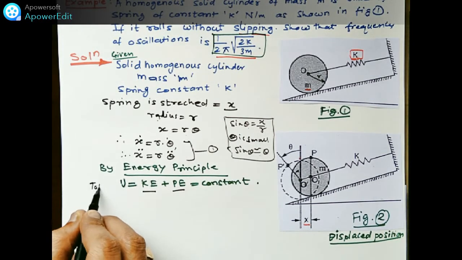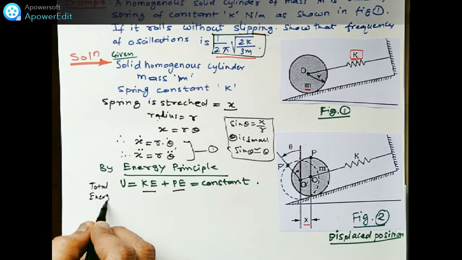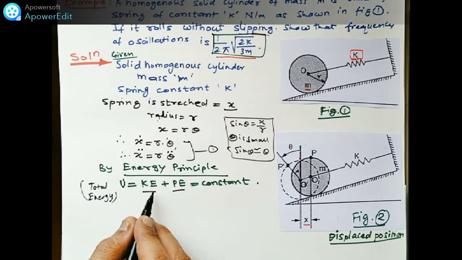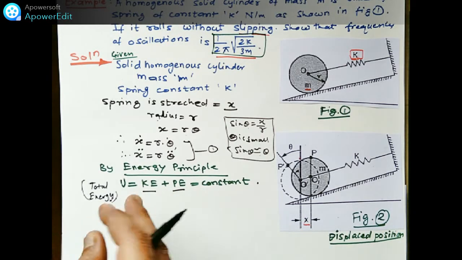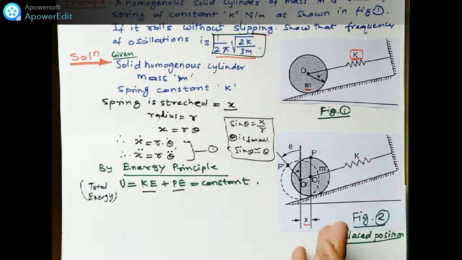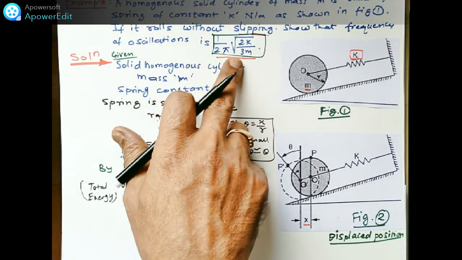U is the total energy. This total energy remains constant, meaning it changes from one form to another, kinetic energy into potential energy, and it always moves like this. Using this we can find our natural frequency.